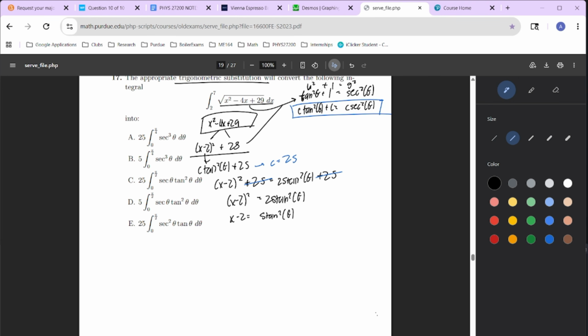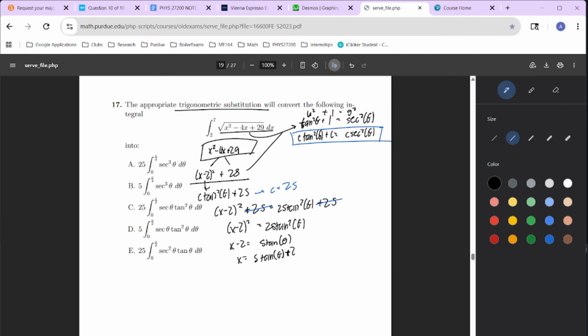Then that means that x must be equal to 5 tangent of theta, and then plus 2. Now, that's not going to be really important for actually substituting in. This is more important for locating the bounds and then also making the formal change from dx into d theta, as we'll see in just a moment.